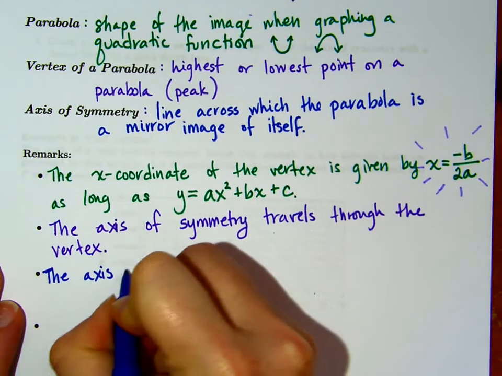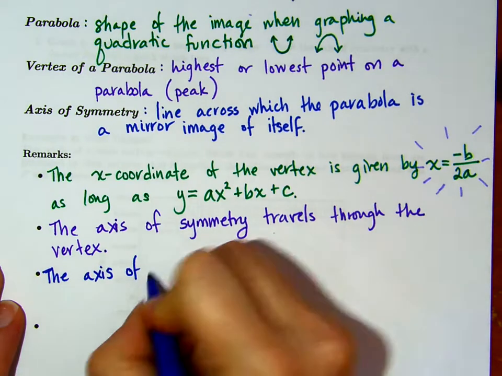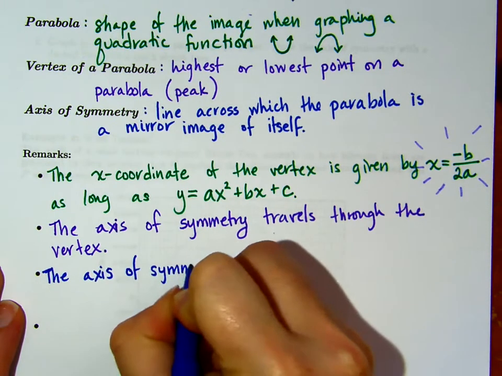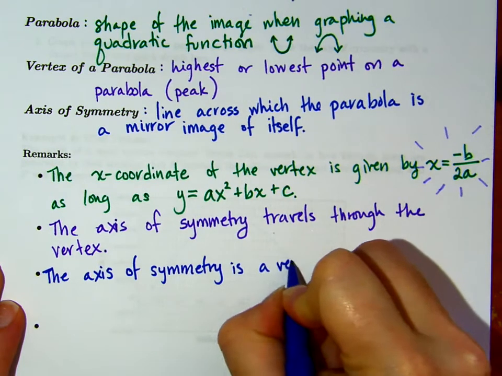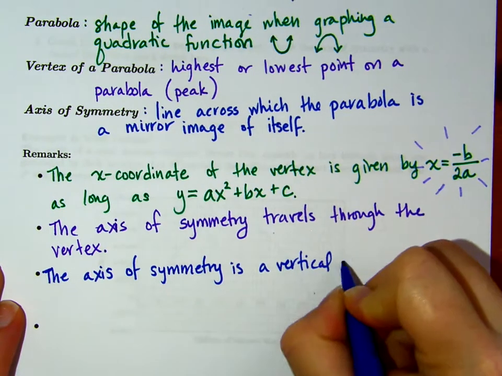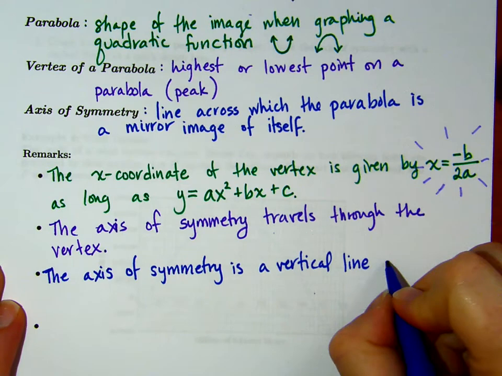So the axis of symmetry is a vertical line with equation x equals the opposite of b over 2a.